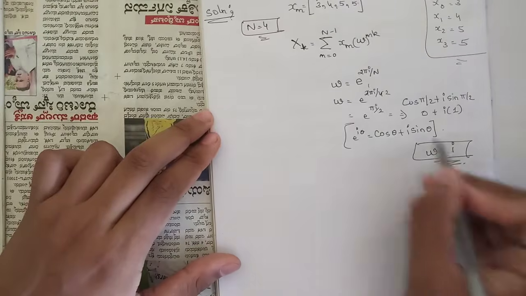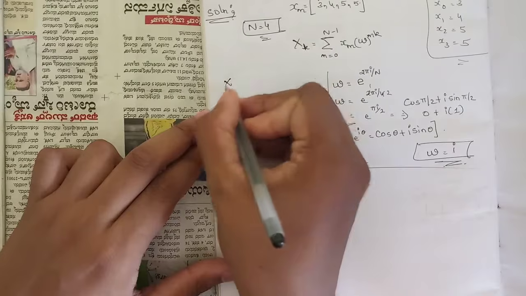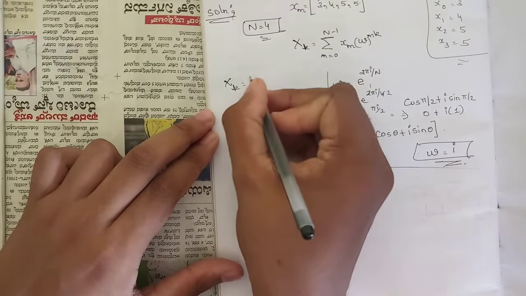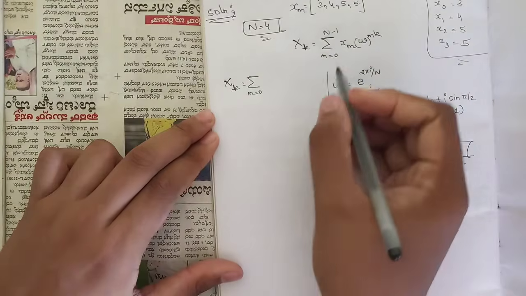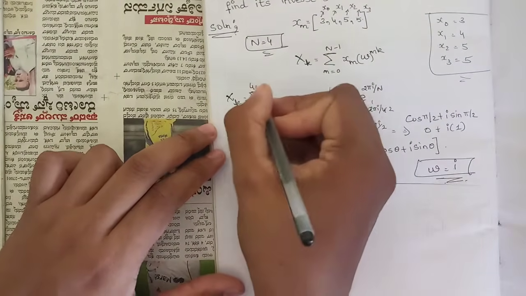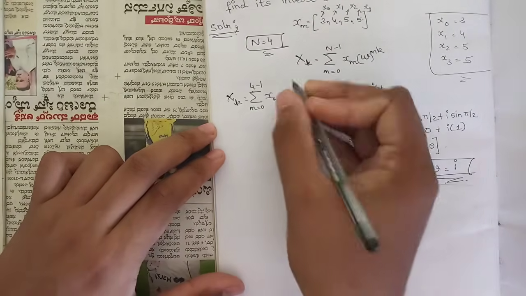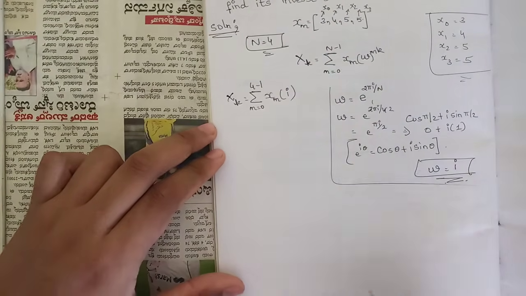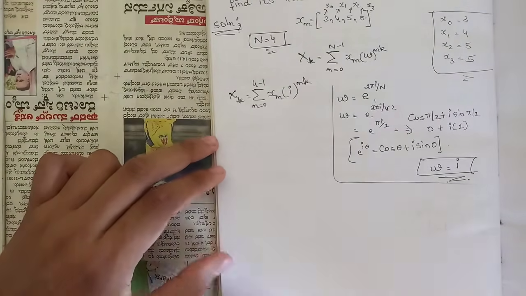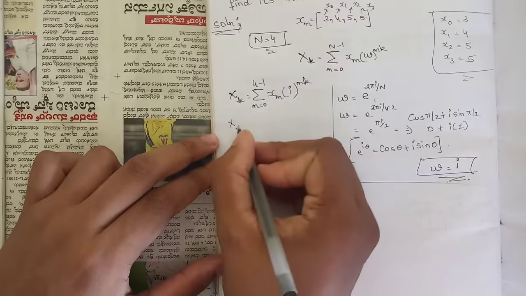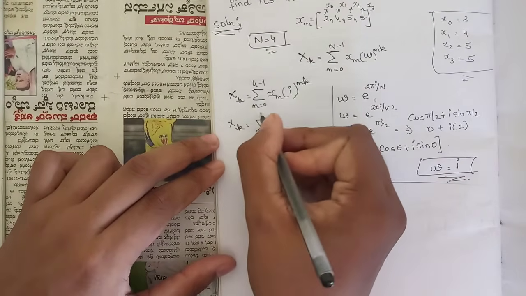Now we need to substitute this omega value in the equation. Xk is equal to summation n tending to 0 to N minus 1. The value of N here is 4, so 4 minus 1 is 3. xn into the value of omega we got, i to the power n into k.